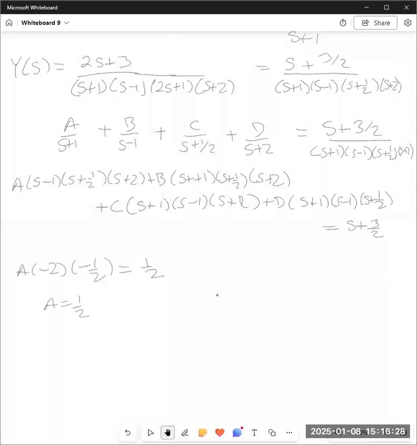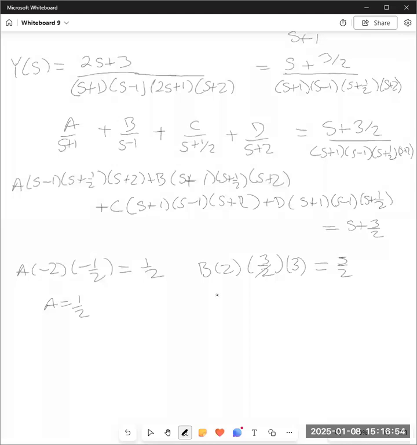And then I'm going to let s be equal to 1, and I have B times 2 times 3/2 times 3 is equal to 5/2.